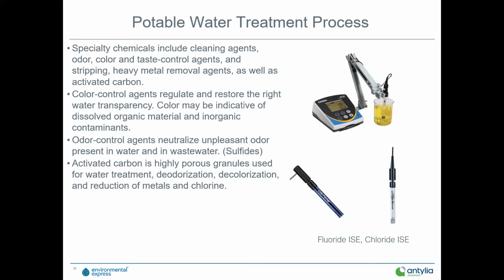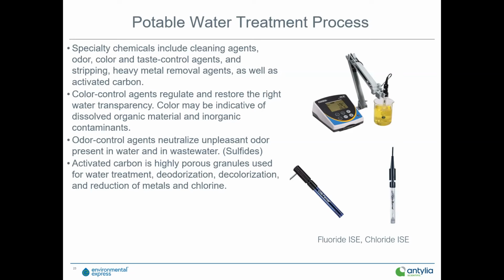The last thing I really wanted to touch on was one of the components of a filter bed for a potable water plant. They're normally a coarse gravel, a fine gravel, sand, and then an activated carbon layer, and then sand on top. This is super effective in removing any of the fines that are left in the water, as well as decolorizing and deodorizing.